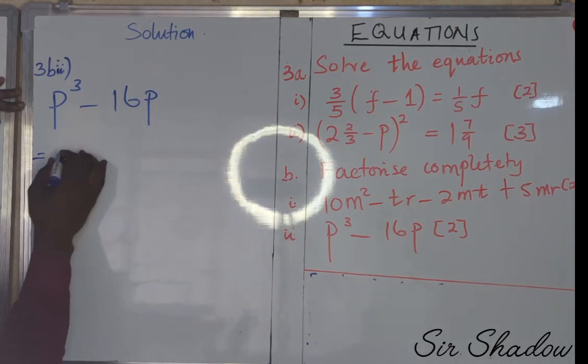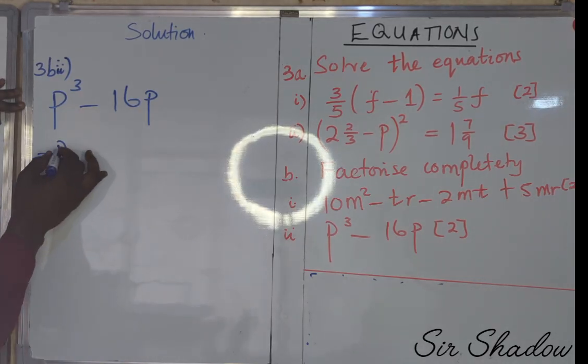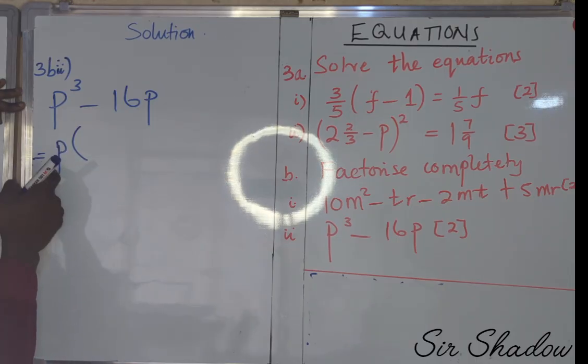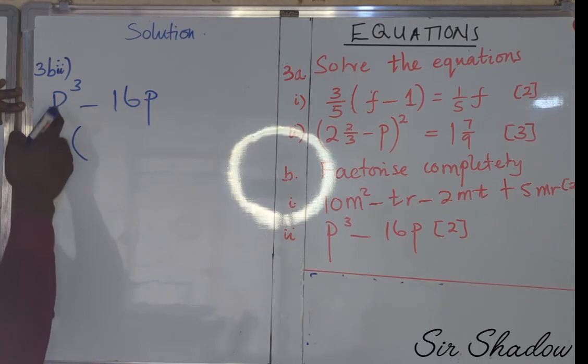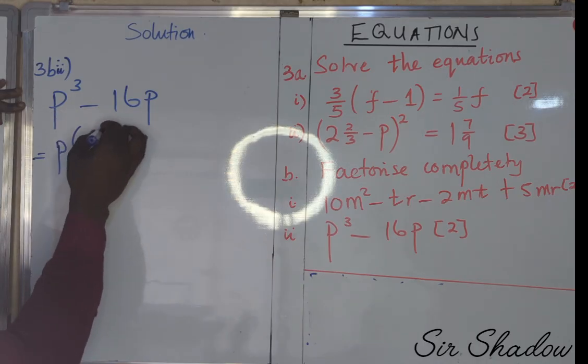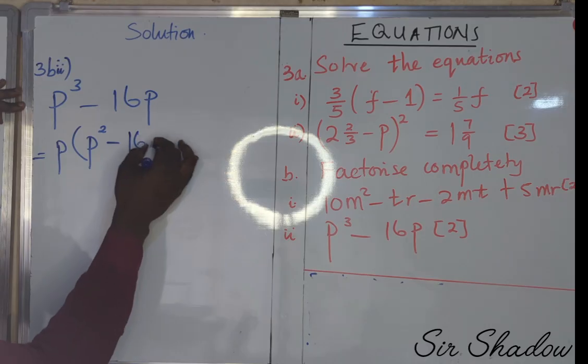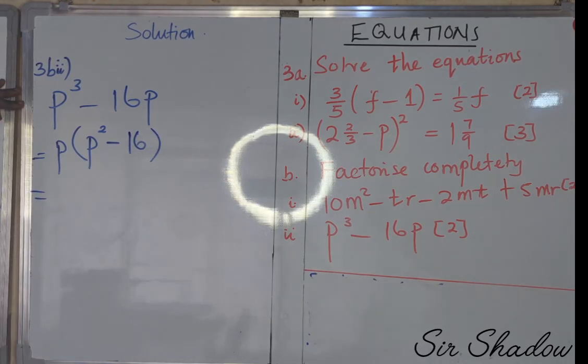Yes, there's a p which is common. You factor out p here. Once you factor out p, you open a bracket. So p into p to the power 3, you're left with p squared, minus p into 16p, left with 16 now. You are not yet done.